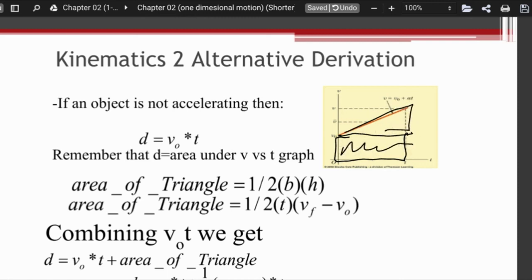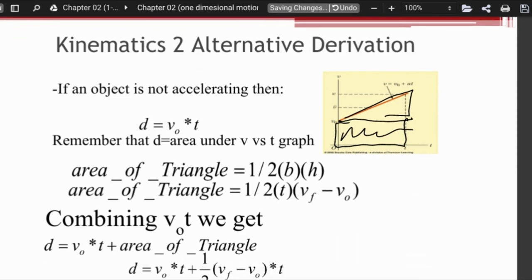The area of the rectangle is the height, which is 0 to v initial, so v initial height times time. The area of the triangle is 1/2 base times height. The base is time, and the height is the difference between v final and v initial.